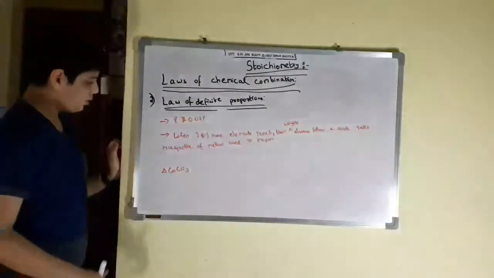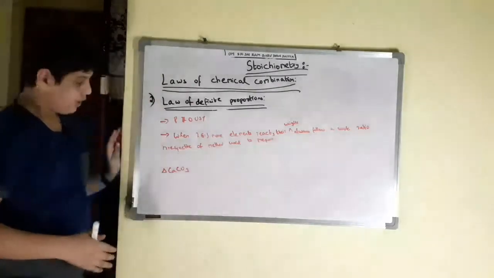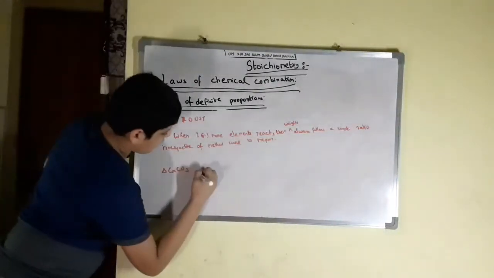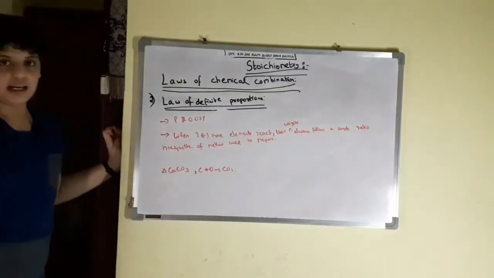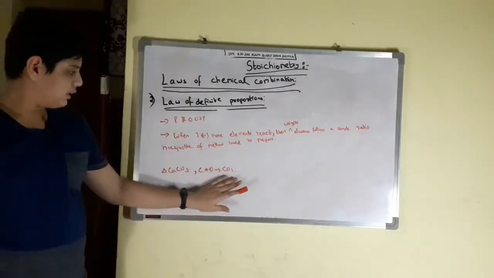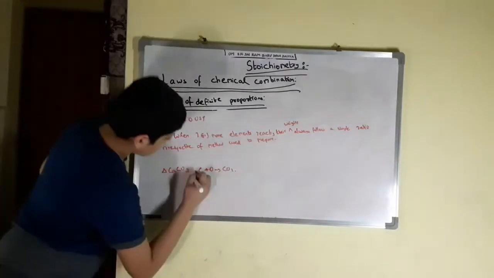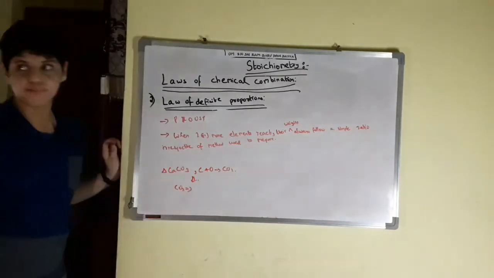Delta is heating. When we heat limestone, CO2 gets liberated. And when we react carbon and oxygen, CO2 is formed. I am not writing a balanced reaction here. Carbon and oxygen, when they react, also form CO2. So here CO2 always follows a simple whole number ratio.